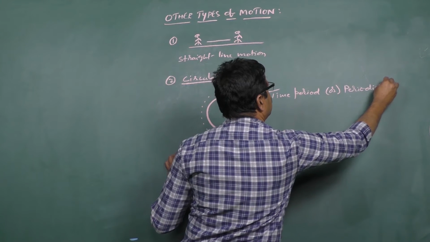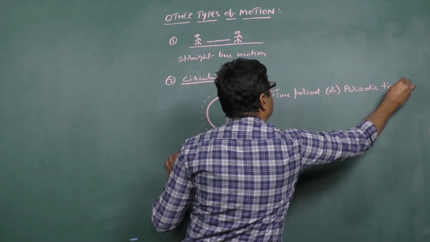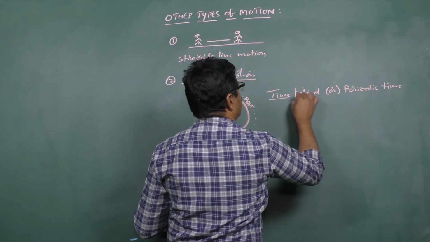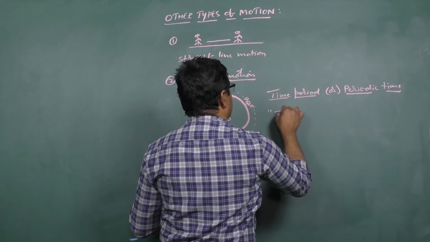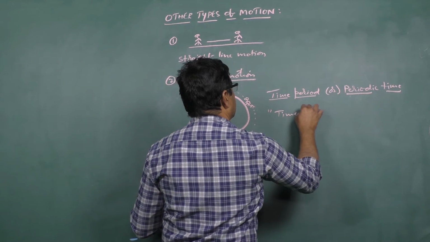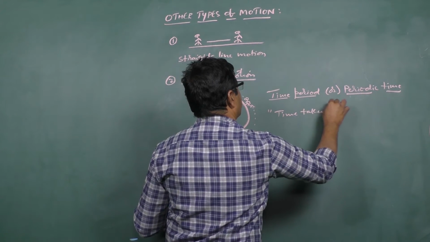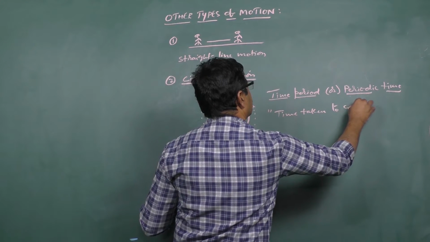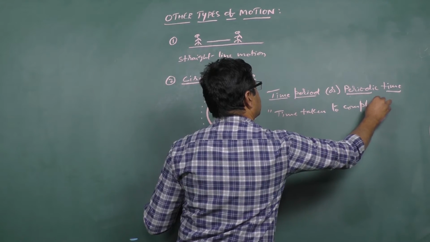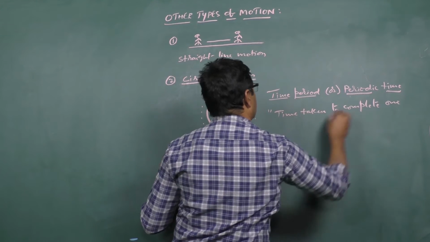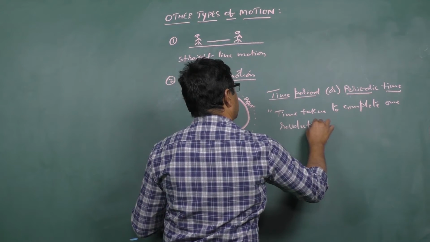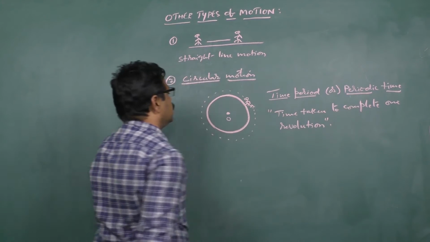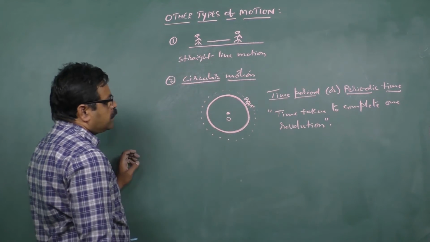This can be defined as the time taken to complete one revolution. Time taken to complete one revolution is called periodic time.